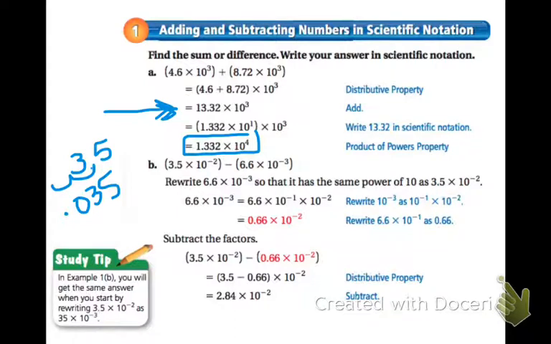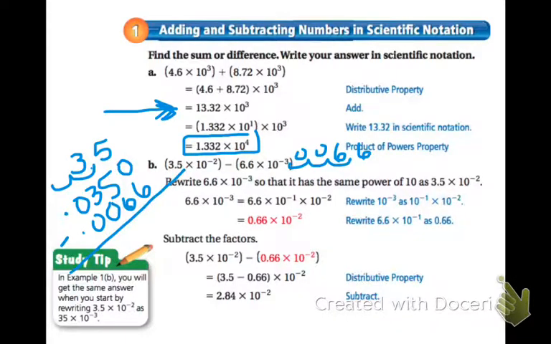The 6.6 becomes 1, 2, 3. So we have, line up your decimals, 0, 0, 6, 6, and then of course if you remember decimal subtraction, you could do it like this and then put your answer back in, and that's probably what I would recommend.